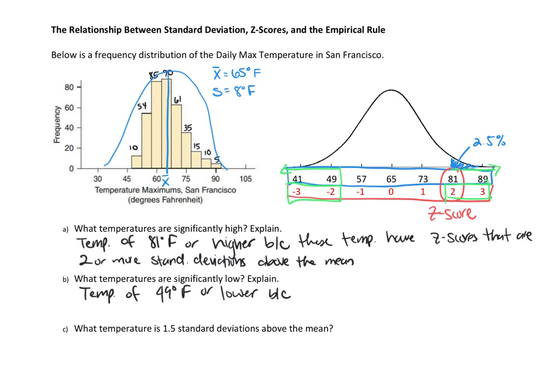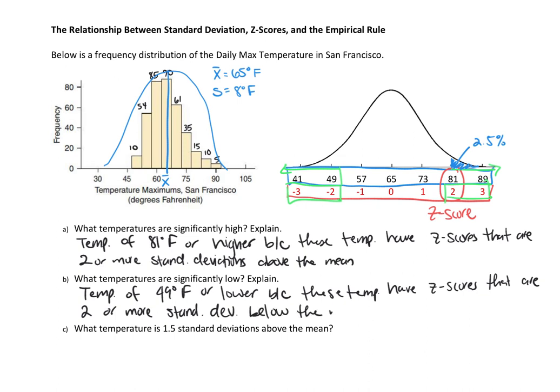And again, same reasoning, because these temperatures have z-scores that are 2 or more standard deviations below the mean. According to the empirical rule, we expect that approximately 2.5% of our daily temperatures are going to be less than 49 degrees.